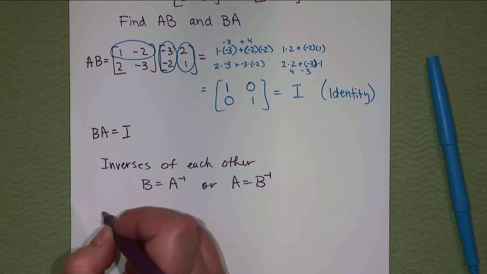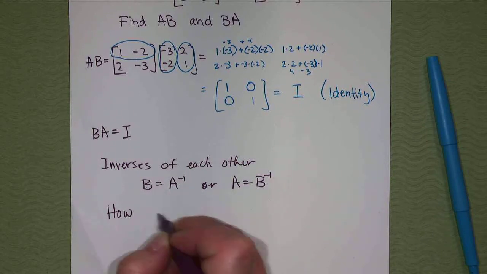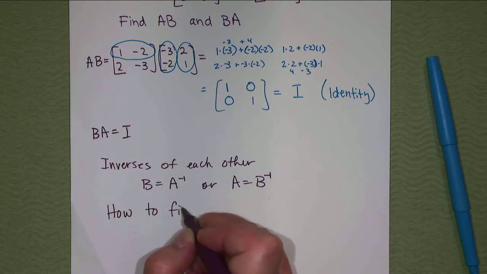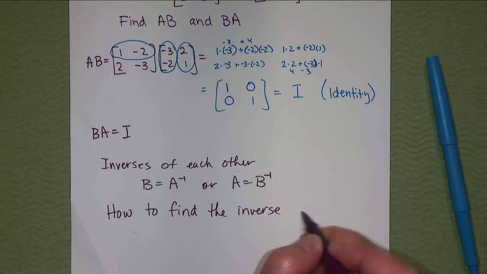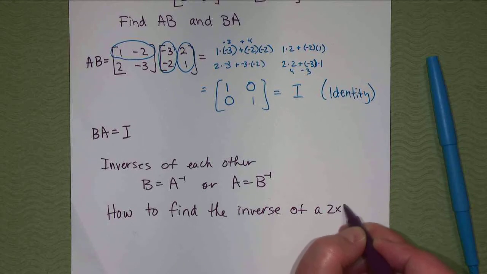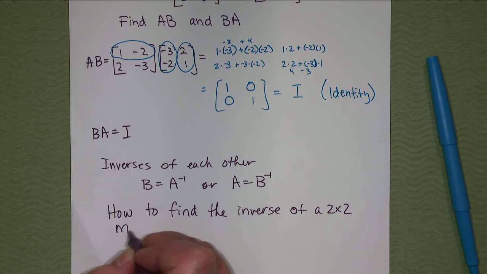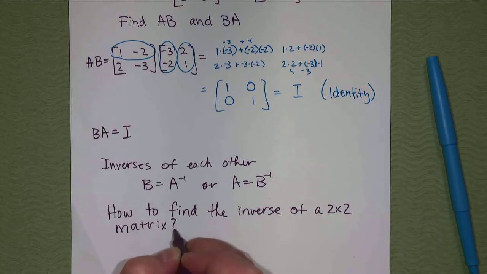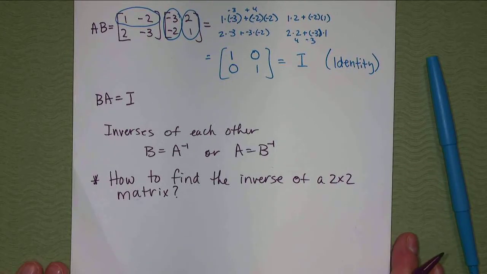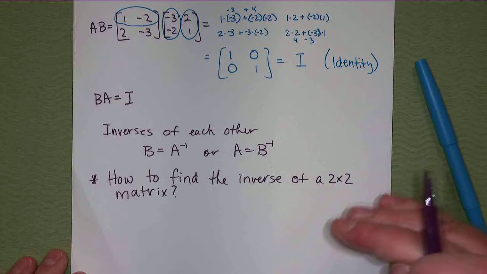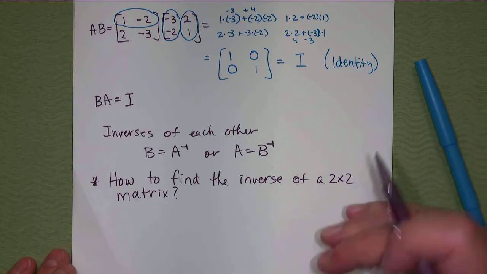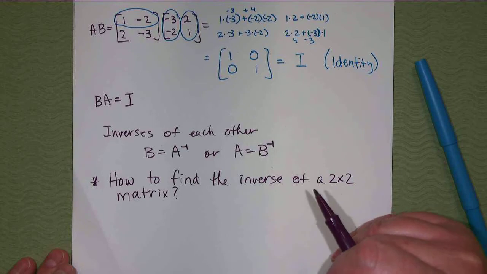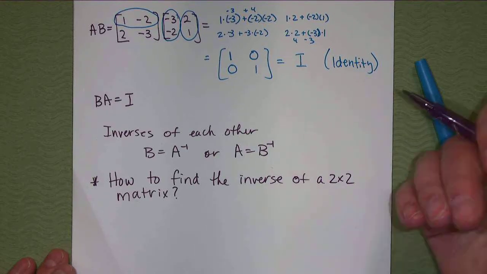So how do we actually compute and find the inverse? So I gave you an A and B here that didn't have fractions in it, but most of the time, remember it's like dividing, most of the time you actually have fractions in your inverse.